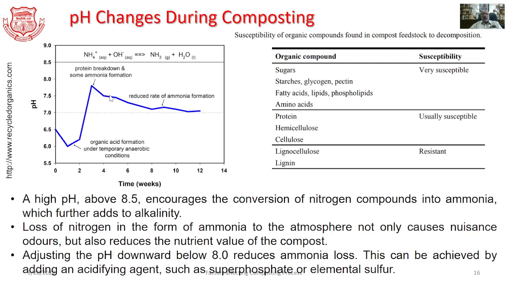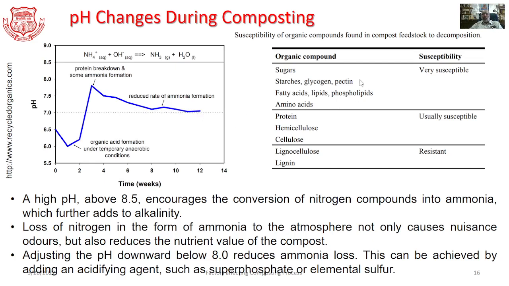Beyond this particular point, with the passage of around 3 to 4 weeks, there will be reduction in the rate of ammonia formation, and hence mostly the pH will be in the neutral range.